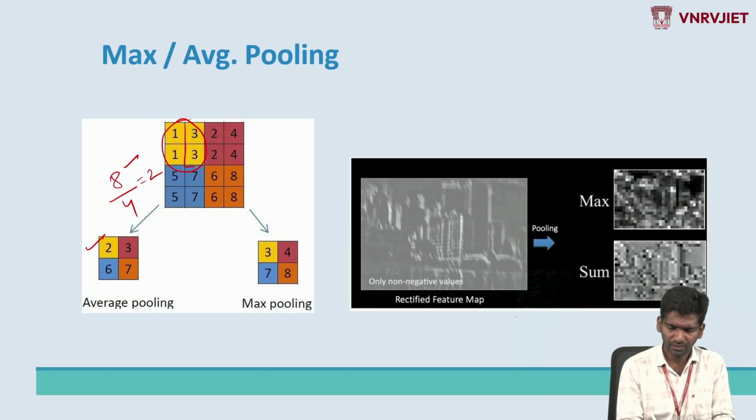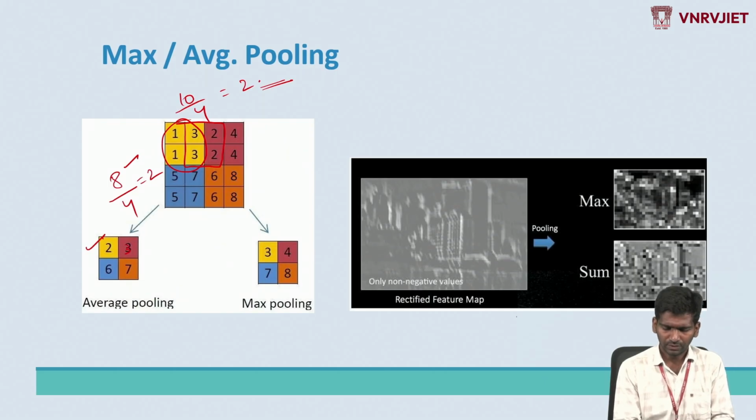So with stride equal to 1, again if you apply 3, 5, 10, 10 by 4, roughly it will be again 2 point some decimal value, so I will round it up to 3. I think I have taken stride equal to 2. On the whole, I am trying to convey that it will be an average if you are taking average pooling.